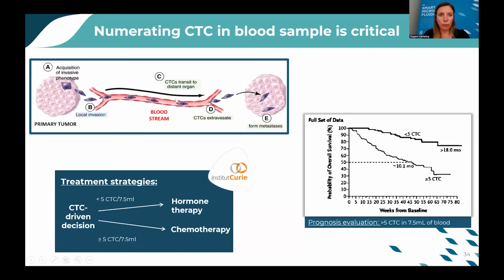And the detection of those CTCs, circulating tumor cells, is an indicator of a potential metastatic status of a cancer. The number of CTCs is really important.